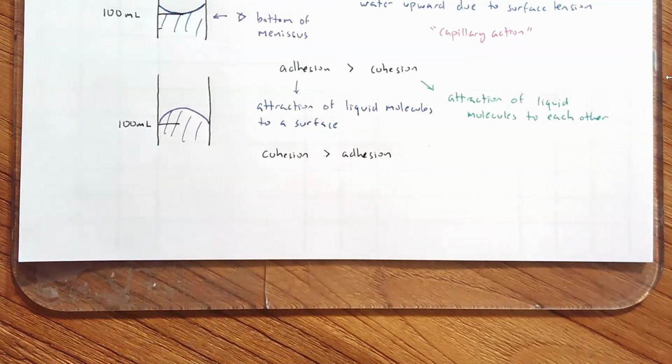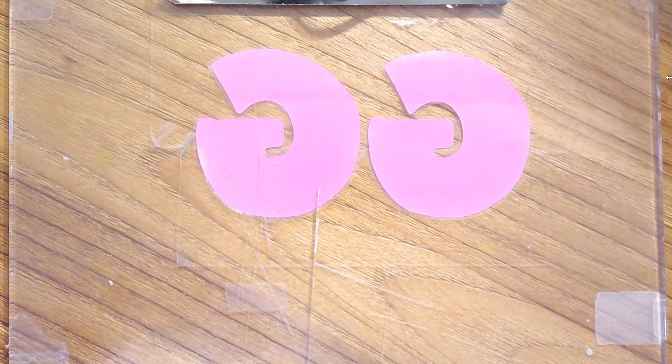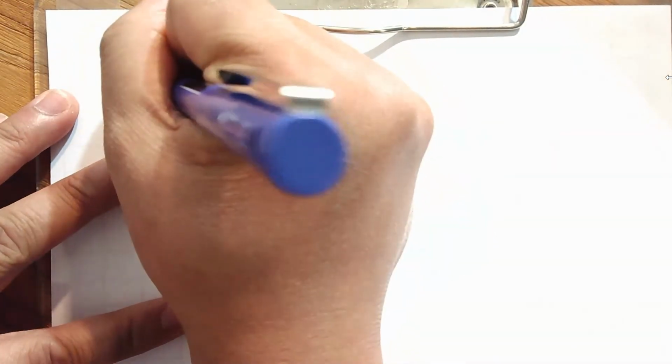We might be going on to our next property, B, which is viscosity. Because viscosity also, it's unlikely that you'll have to do any calculations on viscosity, but it's still a very important property of liquids.